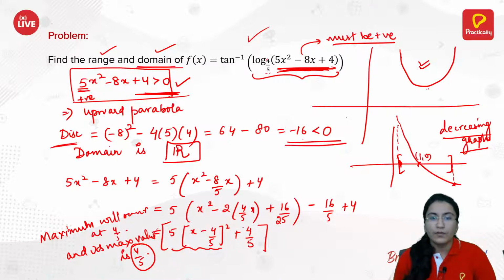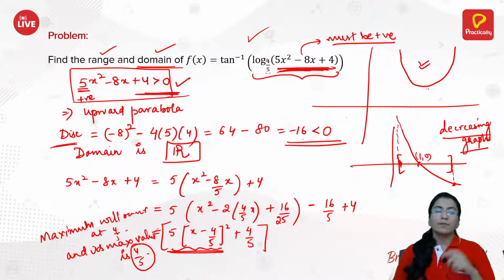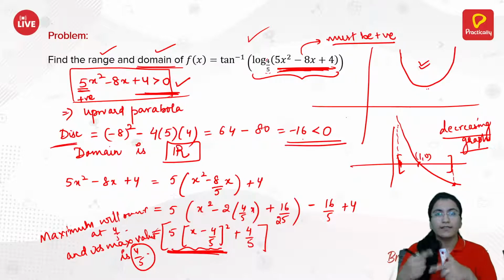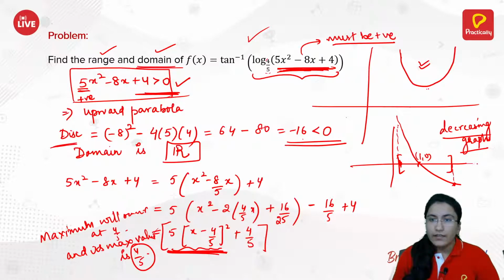Its maximum value would be 4 by 5 because this portion will be 0 and this would be 4 by 5. And its minimum value will be like this: if you put the value of x, definitely this value will increase and it will reach till infinity. And here if you put the value of x to be infinity, you can see the graph is decreasing.